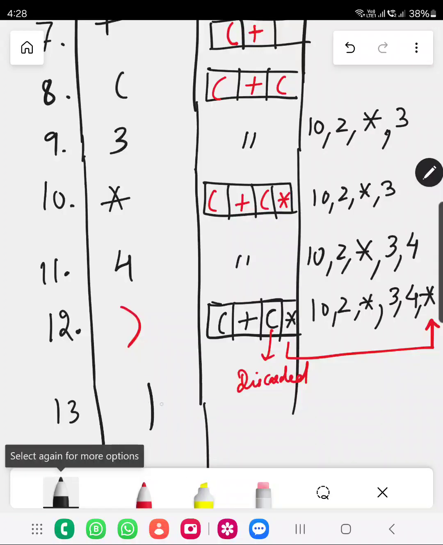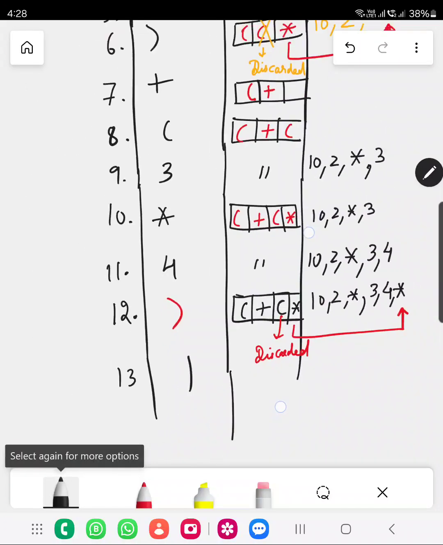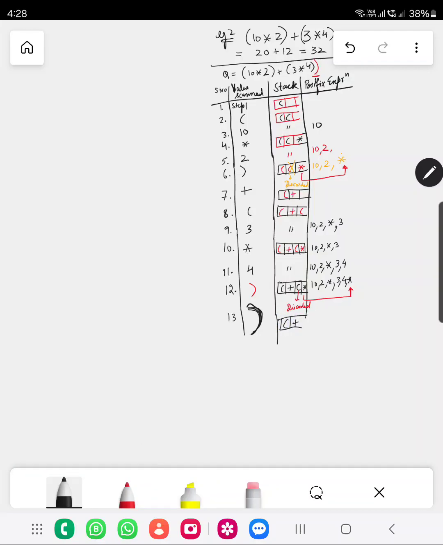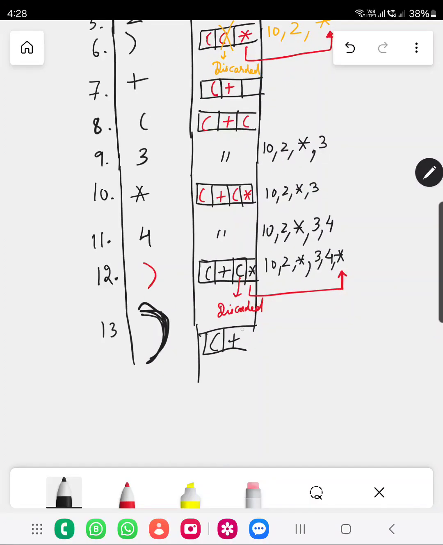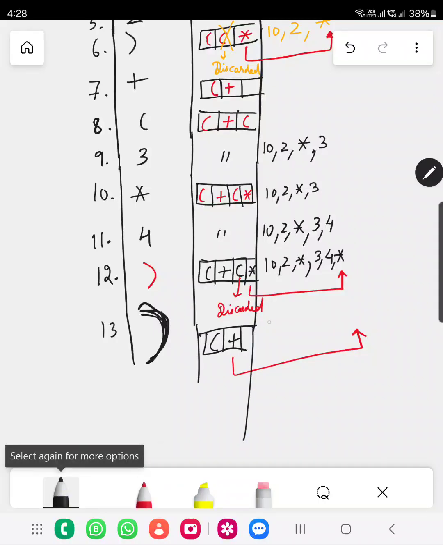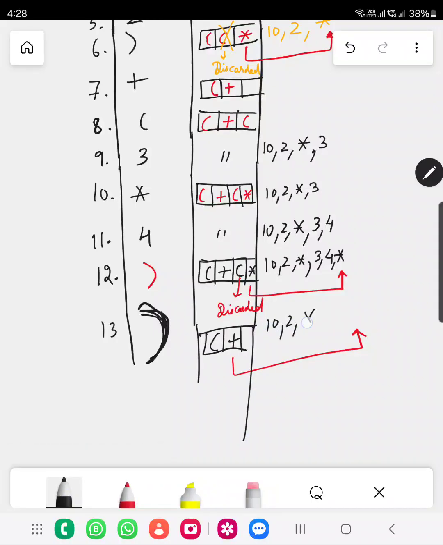At the end we have this right parenthesis. Since we have a right parenthesis, we were left with left parenthesis and plus, so this plus would shift here. So my final answer would be 10 2 multiply 3 4 multiply and plus.